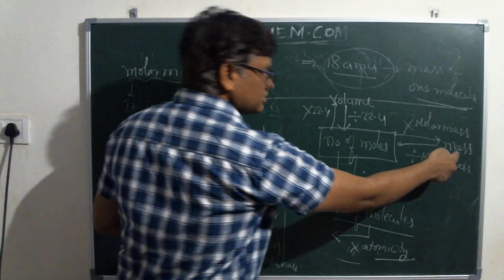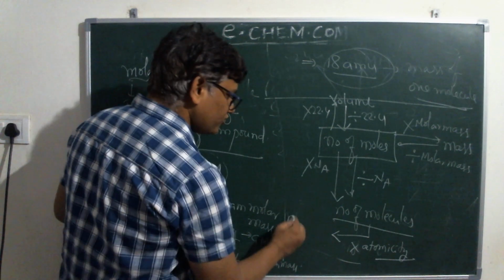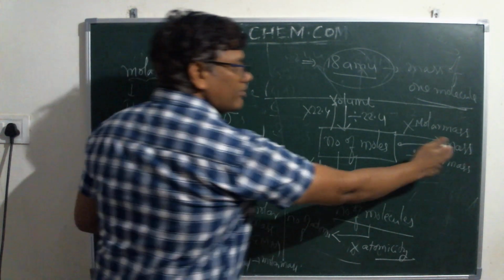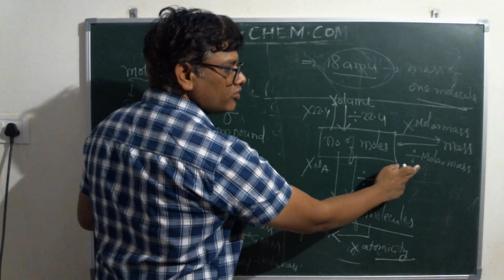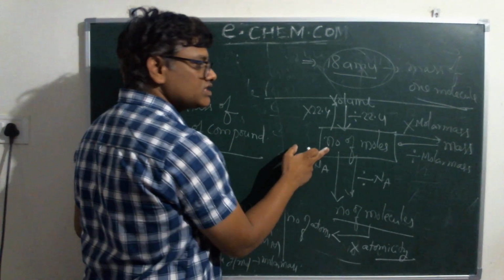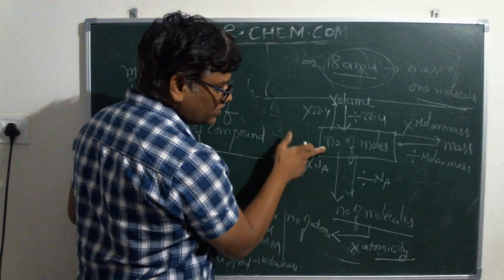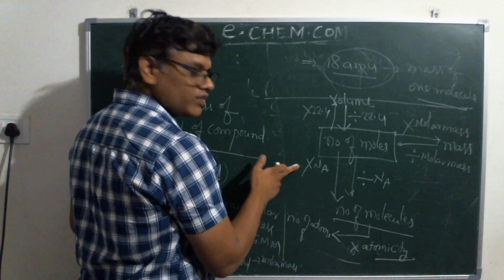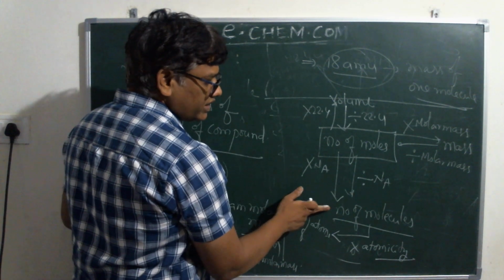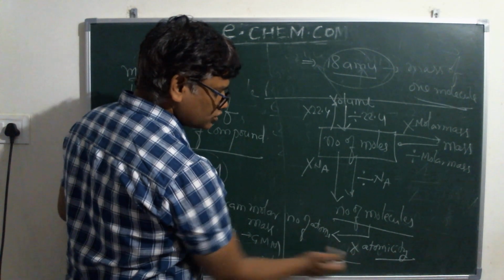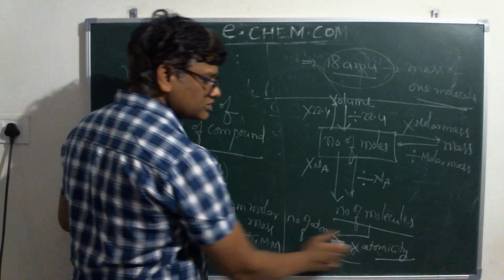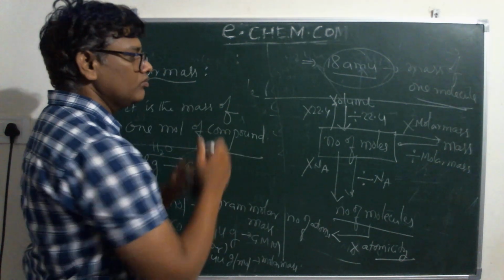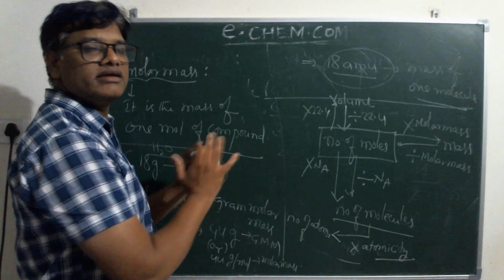Suppose you know the mass and want to calculate the number of atoms. What do you have to do? Mass, you have to divide by molar mass. Then we can transform it into moles. Moles you have to convert into molecules by multiplying with Avogadro number. After getting the molecules, this has to be converted into number of atoms by multiplying with atomicity. So like this we can move to calculate any entity.